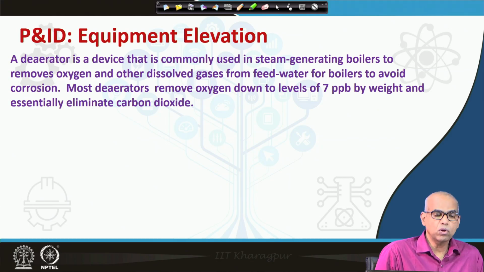You know that dissolved oxygen has corrosion property, as well as dissolved carbon dioxide, which is another source for causing corrosion. Most deaerators can remove oxygen down to levels of 7 parts per billion by weight, and deaerators essentially eliminate carbon dioxide from the water.